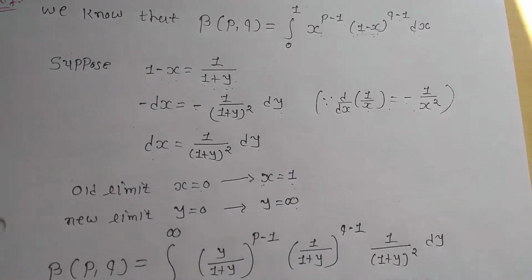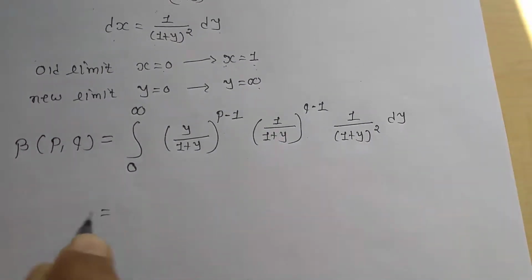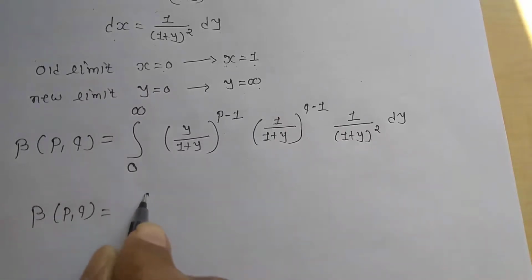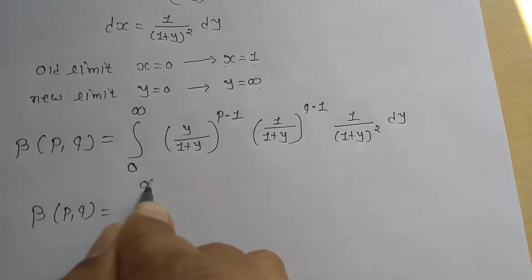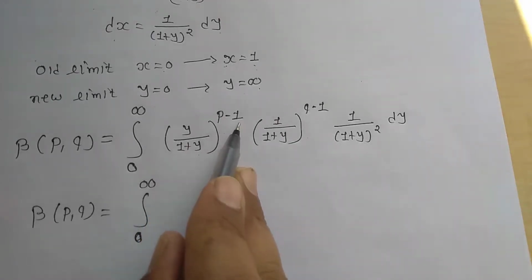Now beta of p comma q is equal to integration 0 to infinite. Here y upon 1 plus y raised to p minus 1.